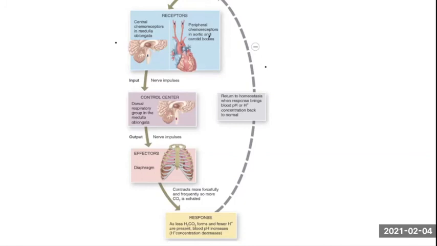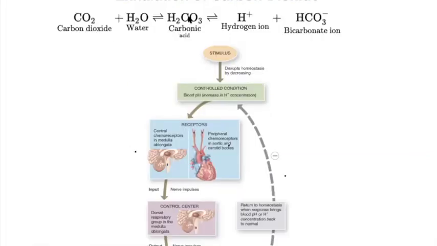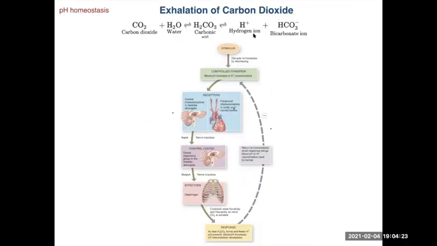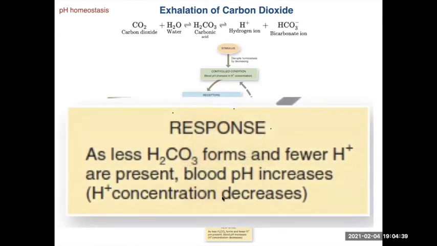And the more you get rid of carbon dioxide, the more the reaction goes this way, over here, which means there are fewer hydrogen ions formed. So you're going to reduce the carbon dioxide, reduce the amount of hydrogen, and leave more of this to soak up more hydrogen. And so the bottom line is this response: less carbonic acid forms, fewer hydrogens are present, and the blood pH is going to increase. That is, the hydrogen concentration is going to decrease.